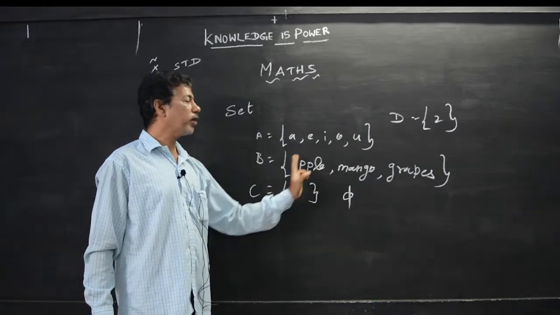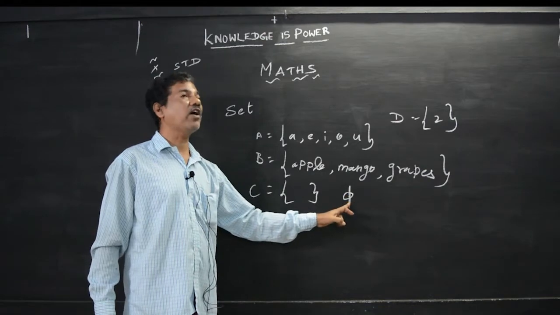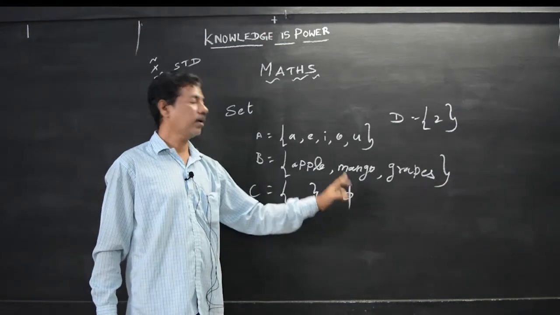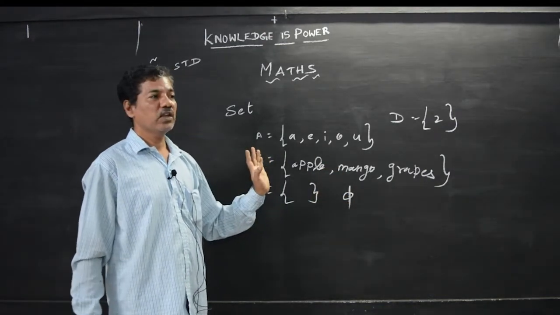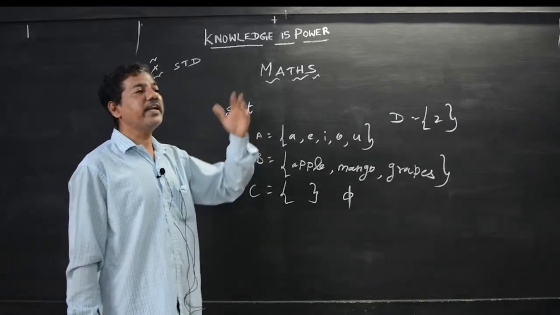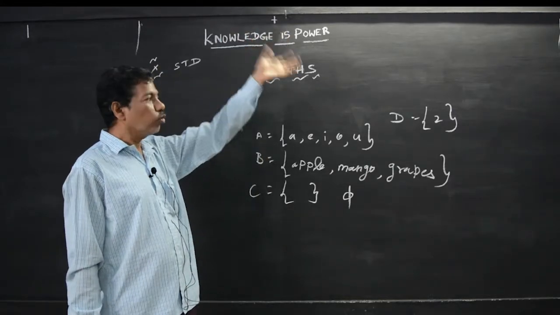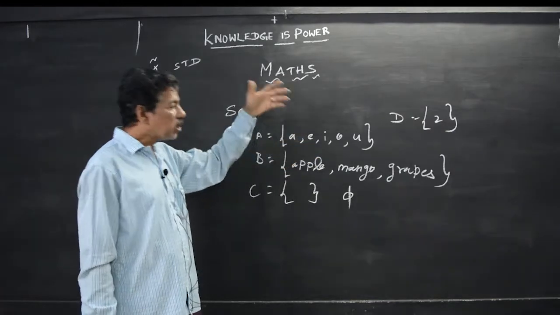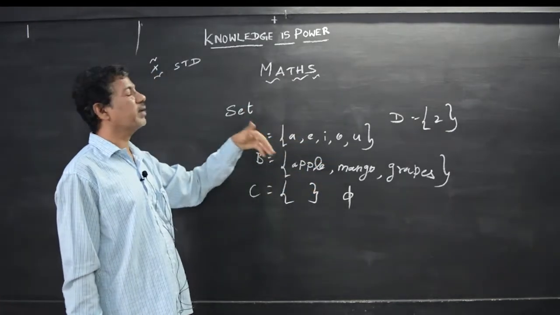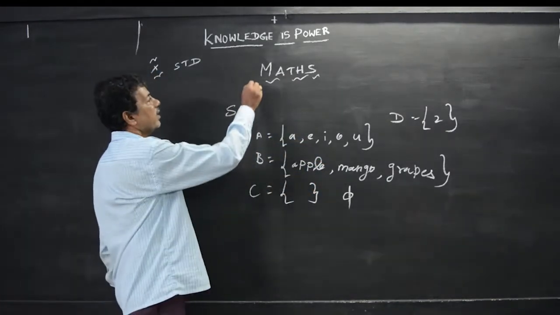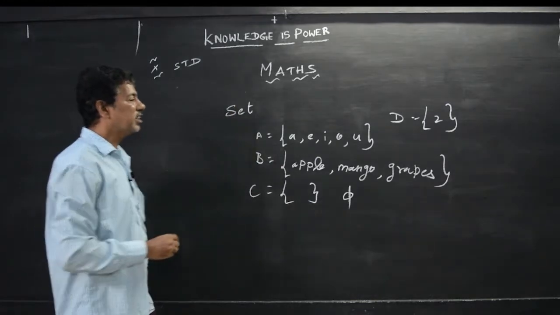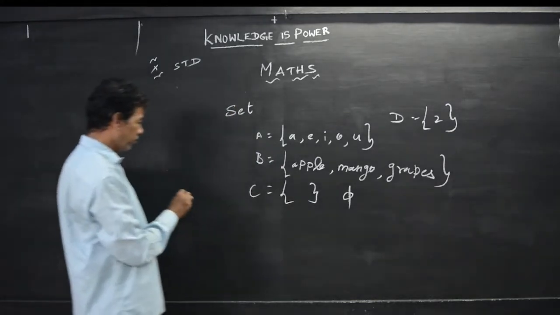We can also represent that particular set with the symbol phi. So, these are all the information we studied last year. To recall this, some more additional information: the new chapter started in the 10th standard maths is relation and function.